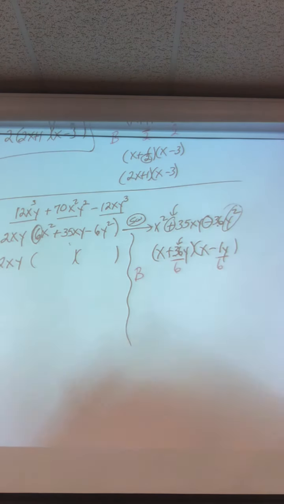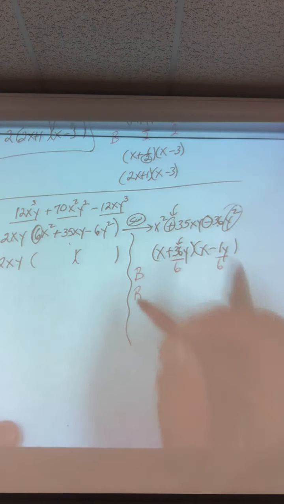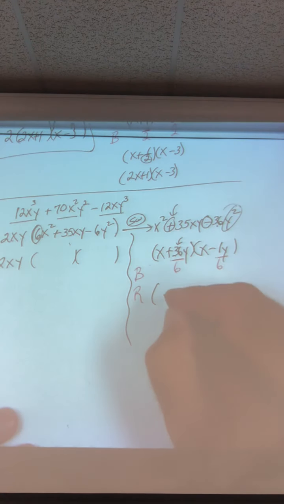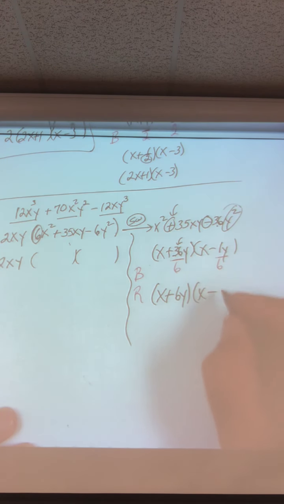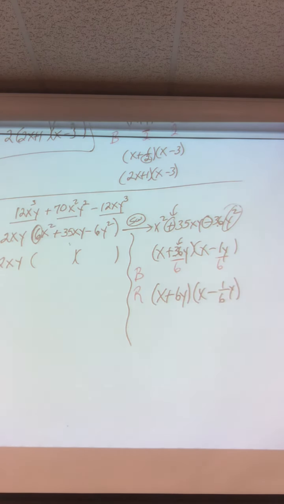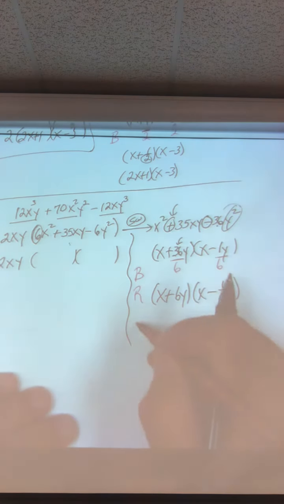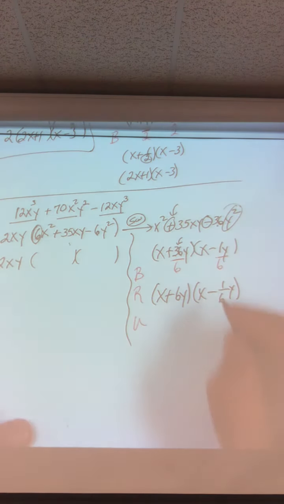When I do, now I want to reduce. So this would be x plus 6 into 36 is 6y. And then 1 over 6 is just 1 over 6y. And by the way, 1 over 6 is not 6. 6 over 1 is 6. But 1 over 6 is 1/6. Now bring any numbers up that are still in the bottom.